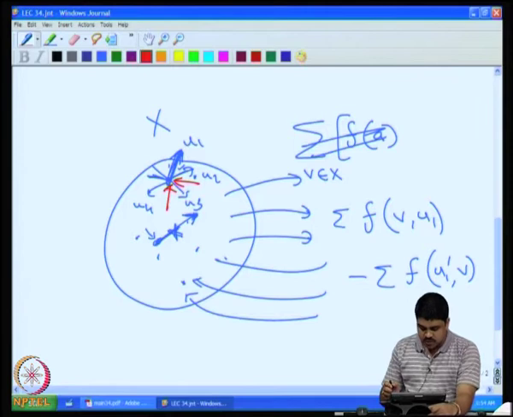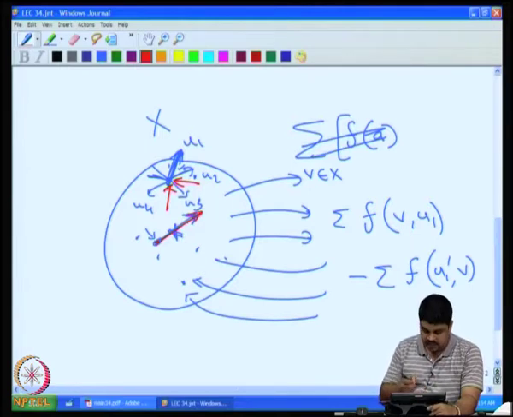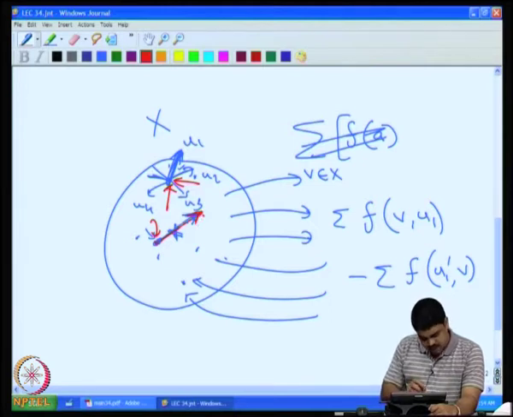But on the other hand, if I take an edge such that both its endpoints are inside X, then this edge will contribute to the positive term of one vertex and the negative term of the other vertex. Therefore, the effect of this edge will be cancelled in the overall sum.